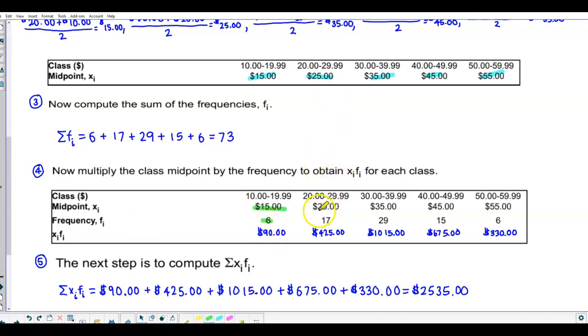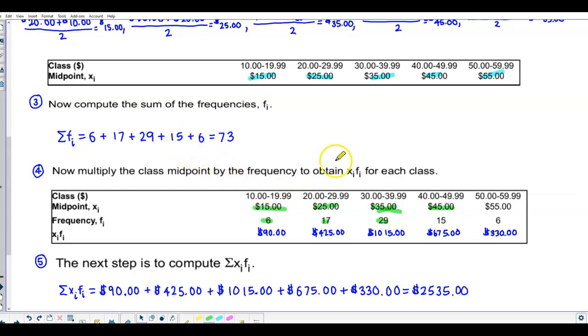Then the next midpoint, 25, multiplied by the next frequency, 17, gives you 425. The next midpoint is 35, multiplied by the next frequency, 29, gives us 1015.